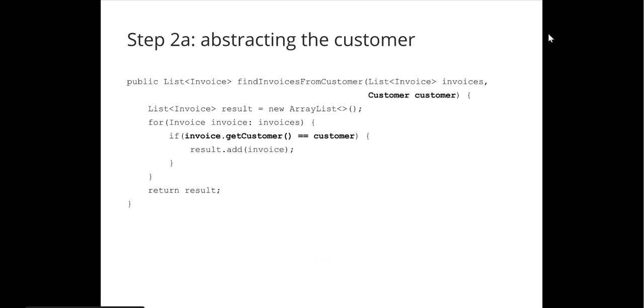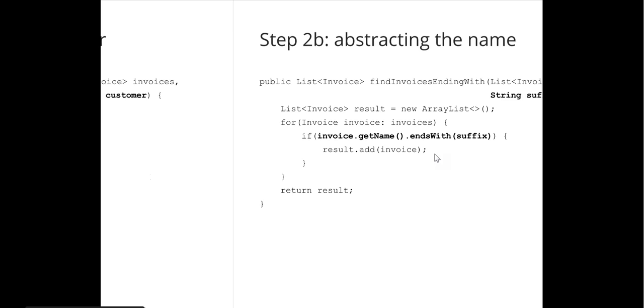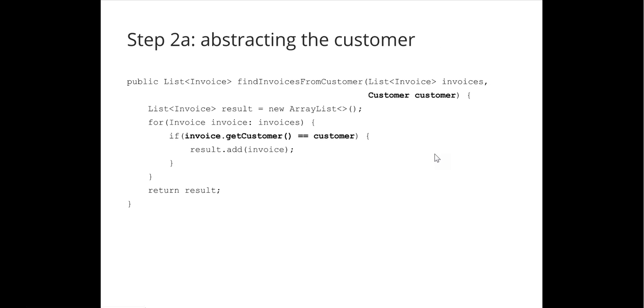But obviously, we'll have some code duplication here. We'll have to maintain 2 separate methods that are doing more or less the same thing. It's just that the condition here is different. So I'm going to abstract this requirement change. I'm going to abstract the customer here, introduce a new parameter to the method to take the new customer into consideration. Nice and easy.